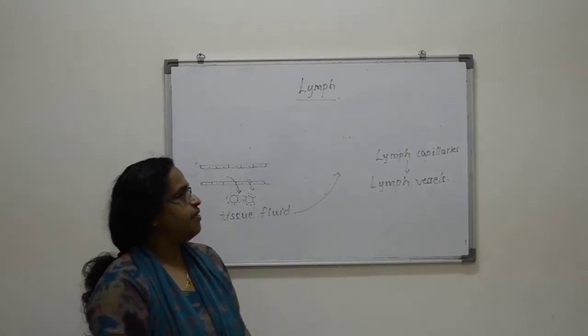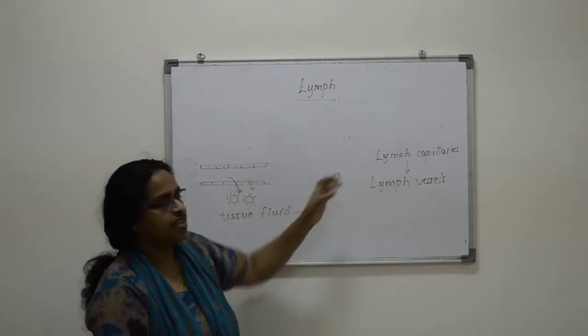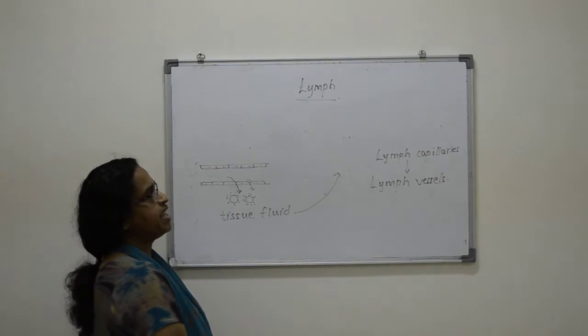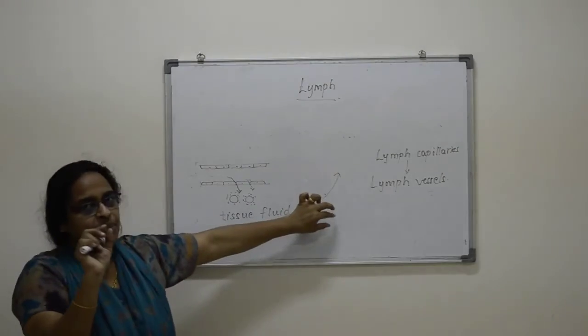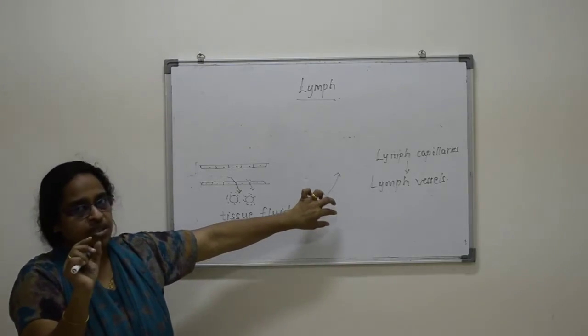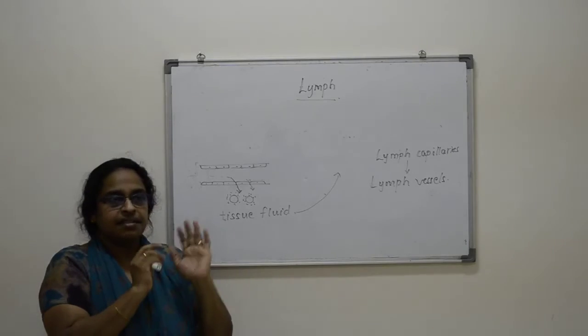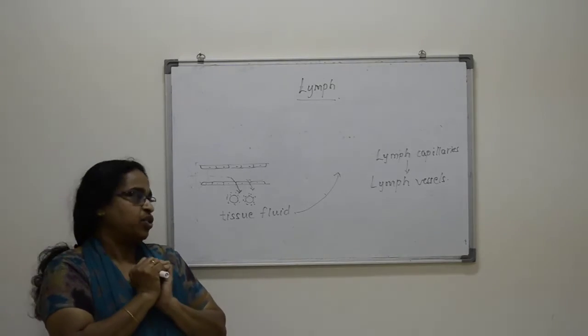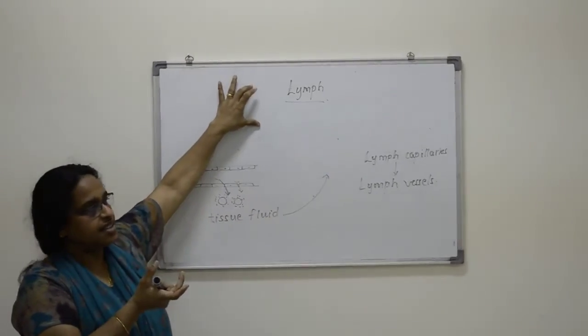All these things together, lymph capillaries and lymph vessels, make the lymphatic system. In the lymphatic system there are some nodes, lymph nodes, which make the lymphocytes that fight with pathogens. So did you get the lymphatic system?